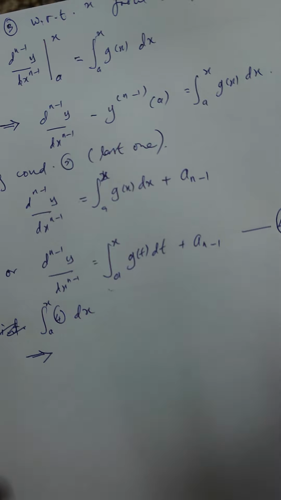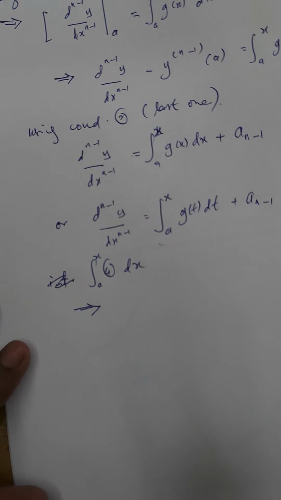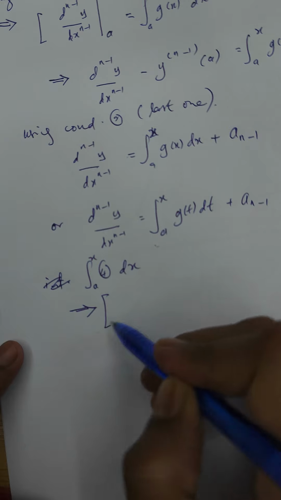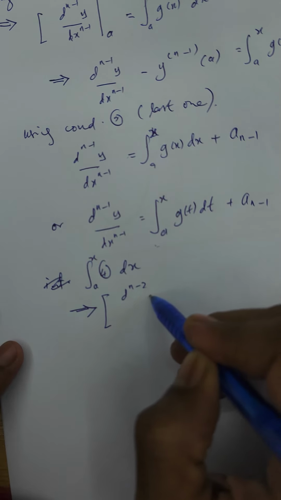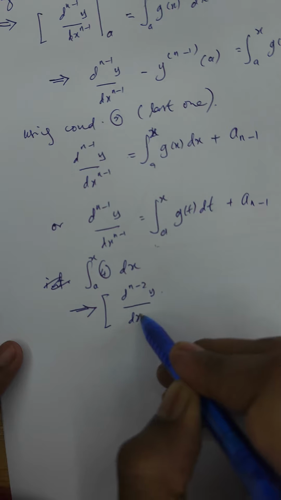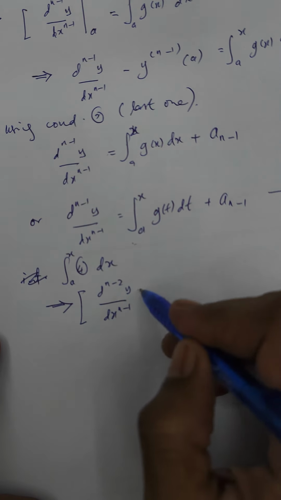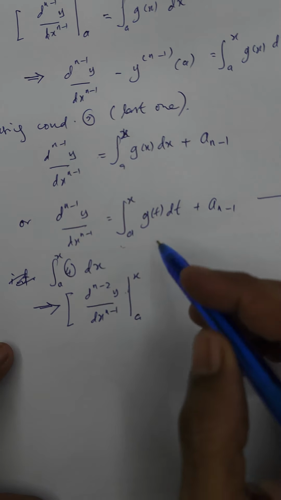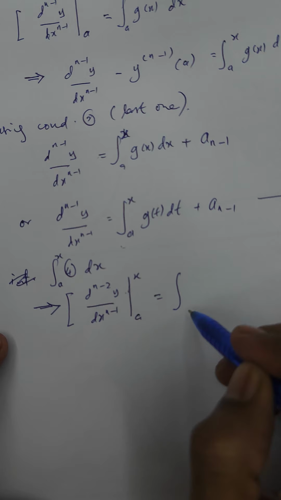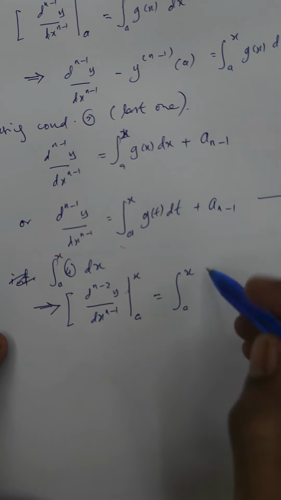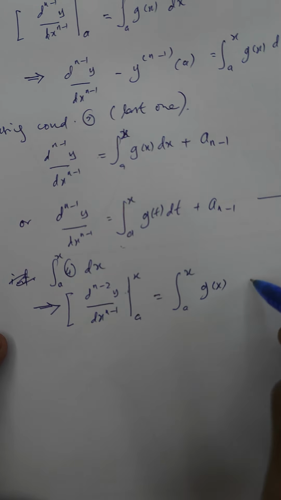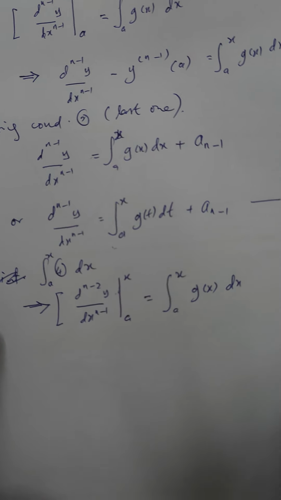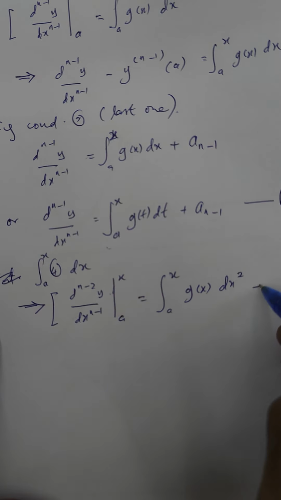So what we have, d^(n-2)y/dx^(n-2) evaluated from a to x, is equal to the integral from a to x of g(x) dx squared plus a_(n-1) times the integral from a to x of dx.